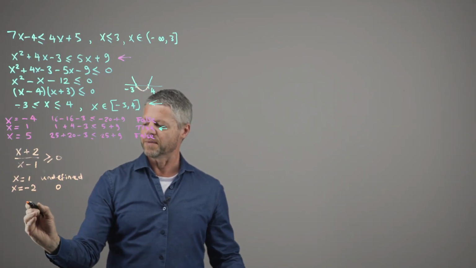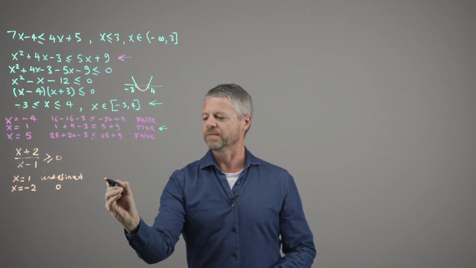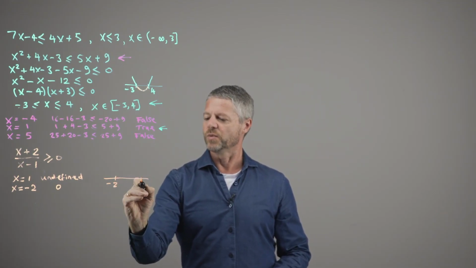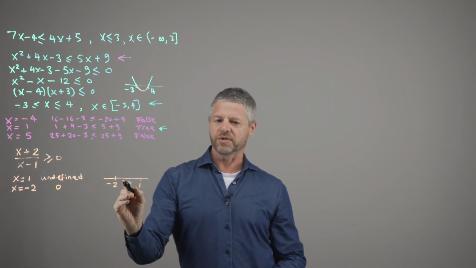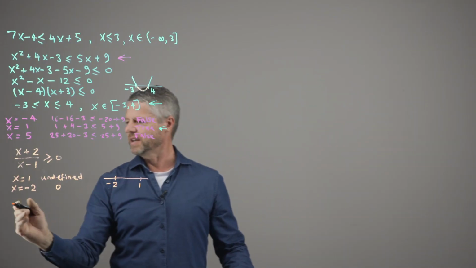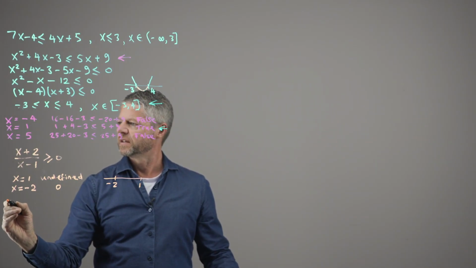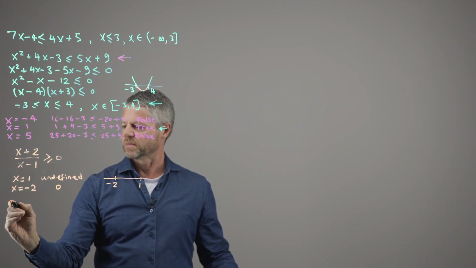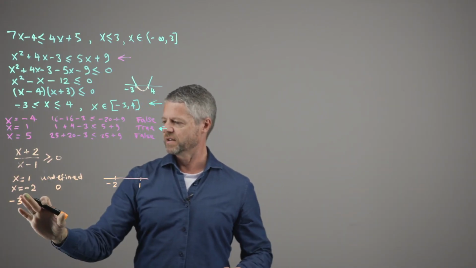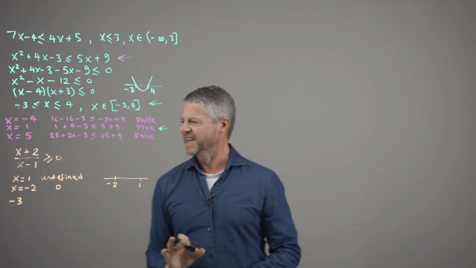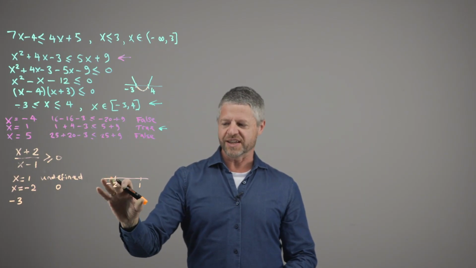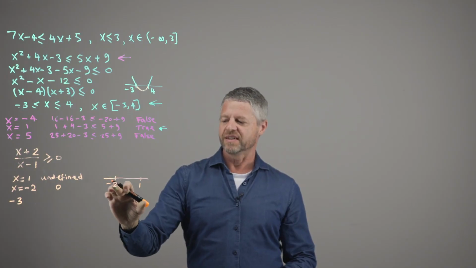So if I've got a number line and I've got the value minus 2 and the value 1, then for my test values I want to pick values in each of the intervals.